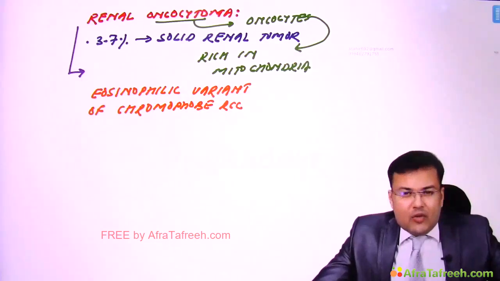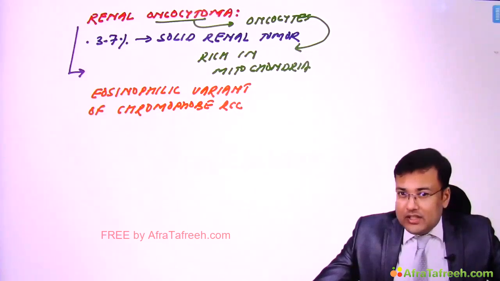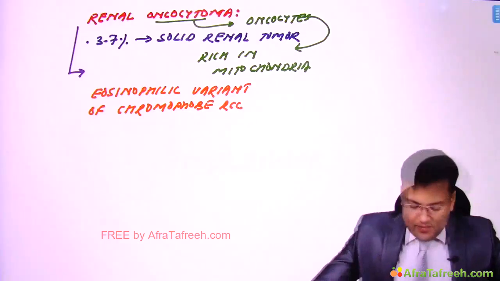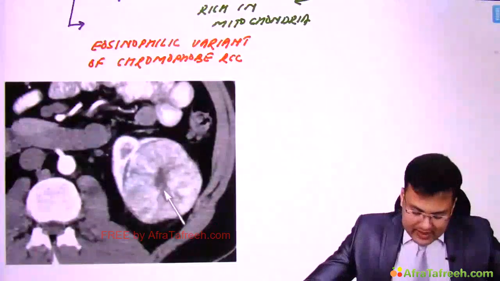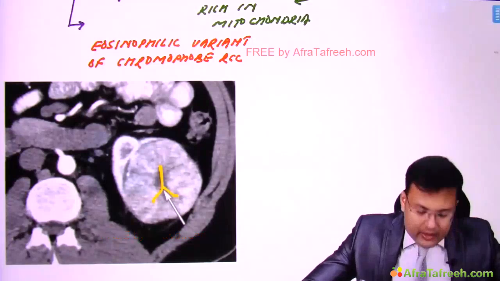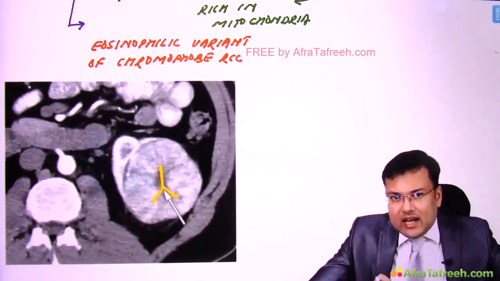One. Second, what is the investigation of choice for diagnosis? The investigation of choice for diagnosis is CECT. So what is the typical appearance which is seen on CECT? Here you can see that this patient is having renal oncocytoma and this kind of typical appearance is there. So within the tumor, what kind of scar? There is a central stellate scar which is seen.